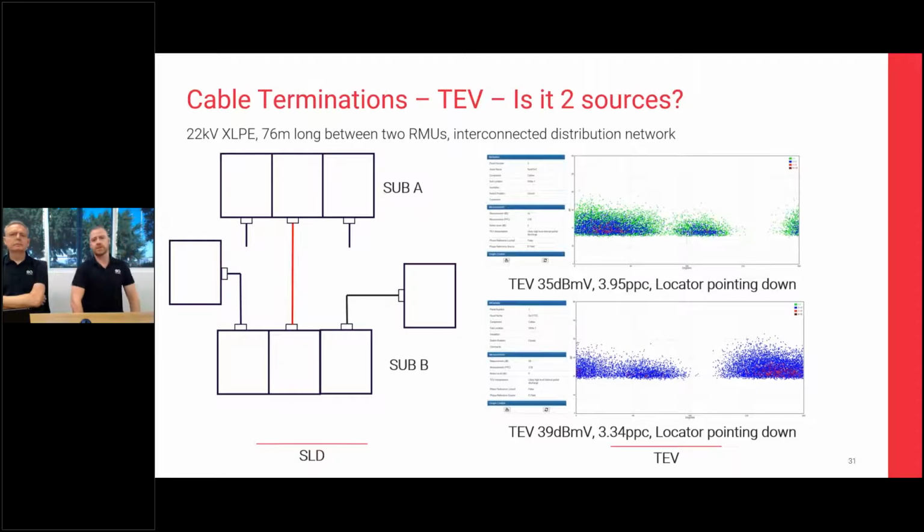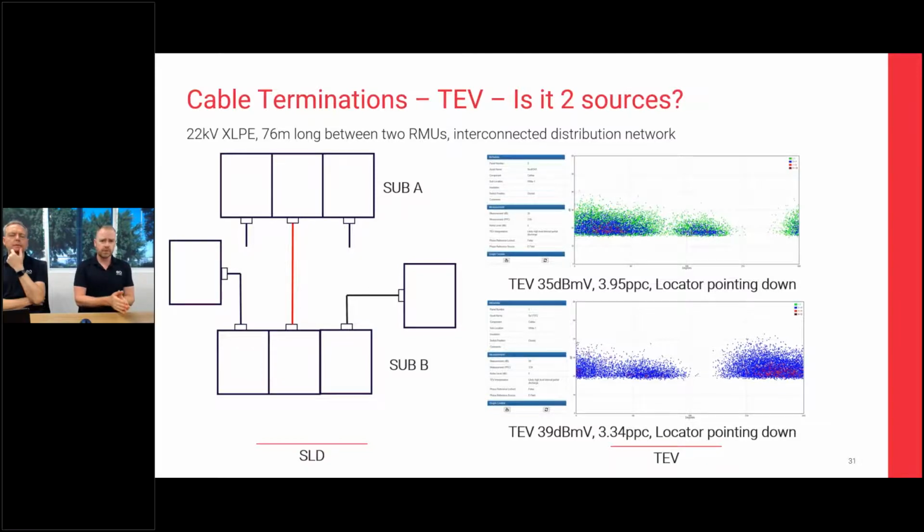So what you've got on substation A is a 35 decibel source, 3.95 pulse per cycle, and a phase plot indicating definitely one and potentially another phase worth of discharge. Then at substation B, we see quite a similar trace, but that also is indicating discharge.